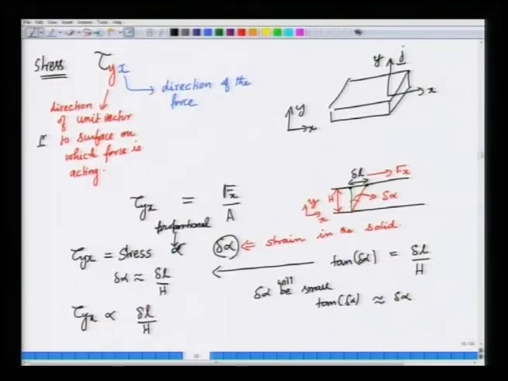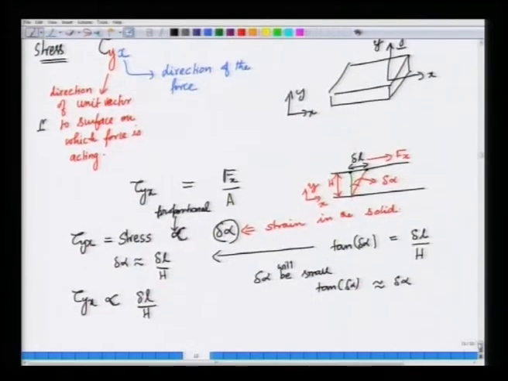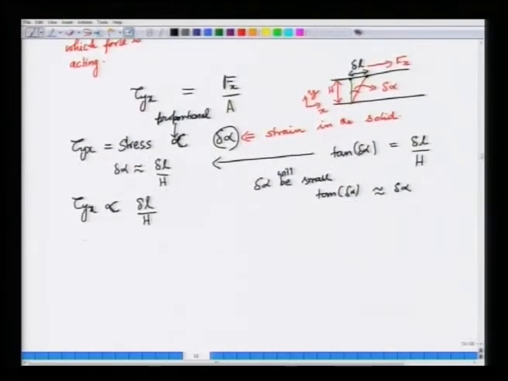So, tau y x is proportional to delta L by H, and you can replace the proportionality sign with a constant of proportionality, that is called the modulus of elasticity.